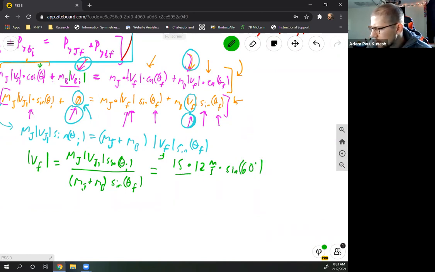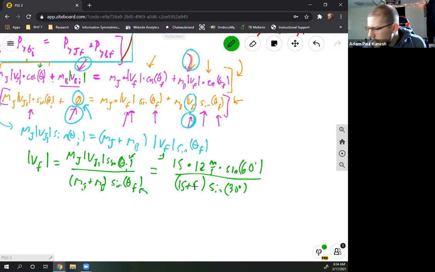Sweet. Also, this is a small dog catching a really big ball. Whoa. All right. So the masses of the two. We've got a 15 kilogram dog and a 5 kilogram ball. 15 plus 5 down here times sine of 30 degrees. So 60 for the initial angle, 30 for the final angle.